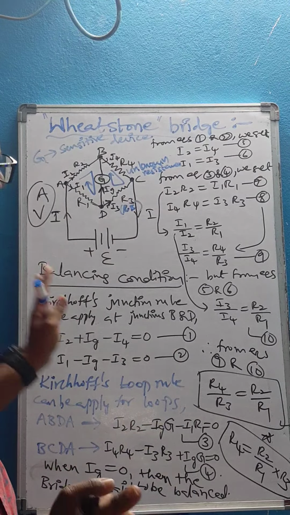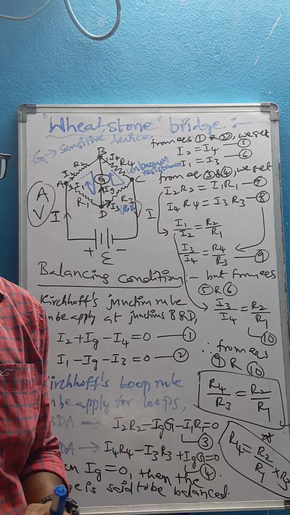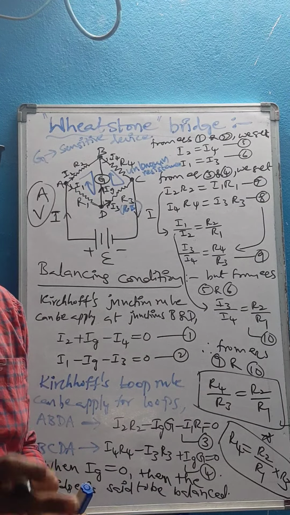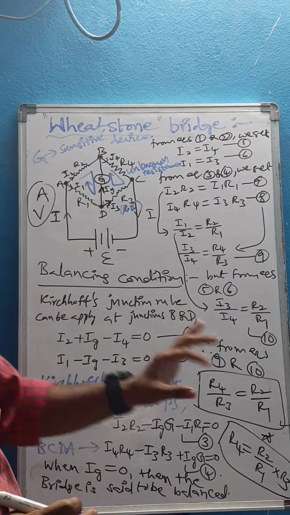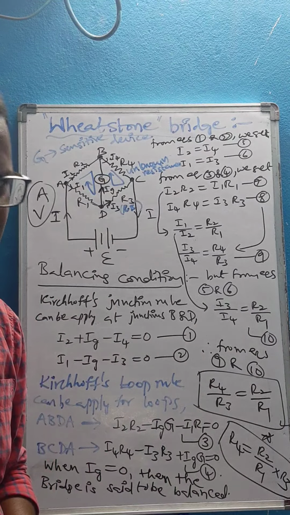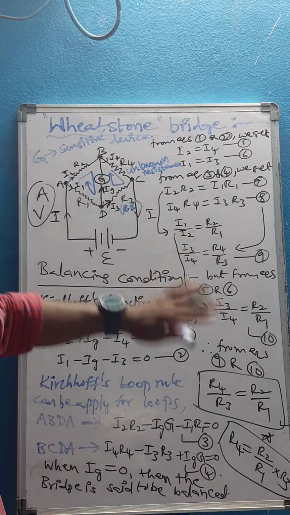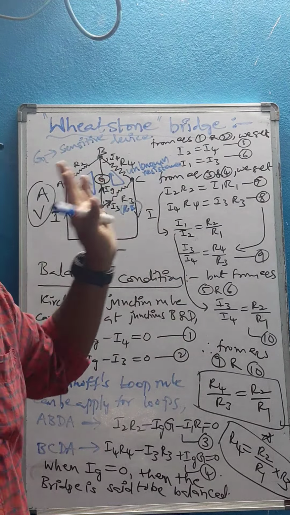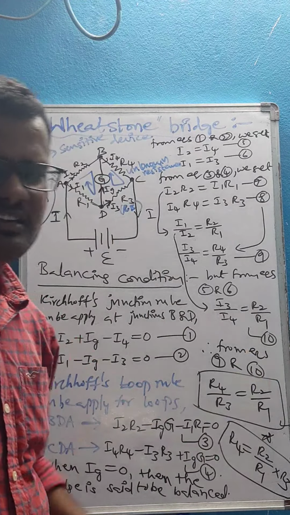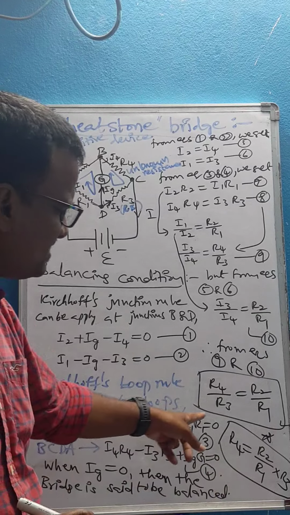So this is about the Wheatstone bridge. It is a very important question for 8 marks, and also very important for MHT-CET, JEE, NEET. We studied Kirchhoff's laws, and the application of Kirchhoff's laws is the Wheatstone bridge, and finally we got the balancing condition.